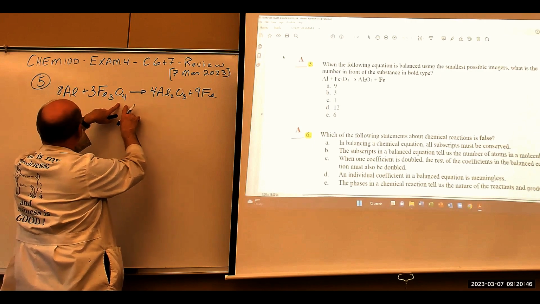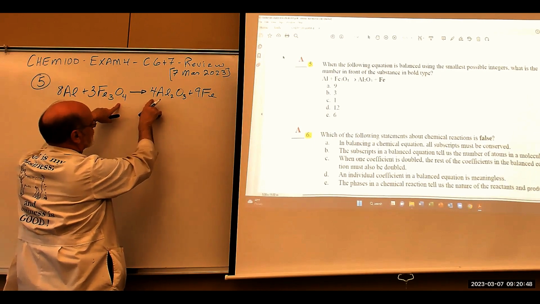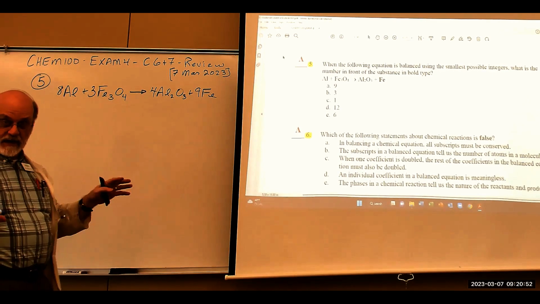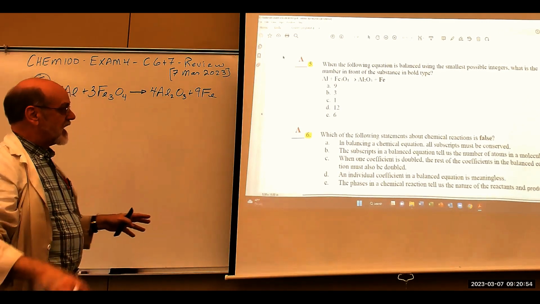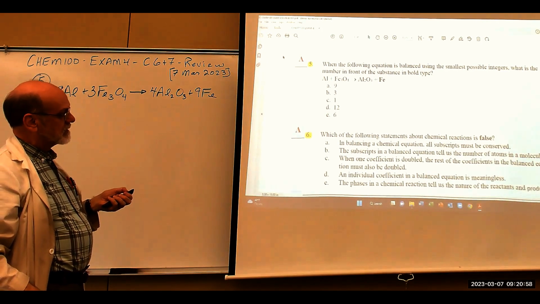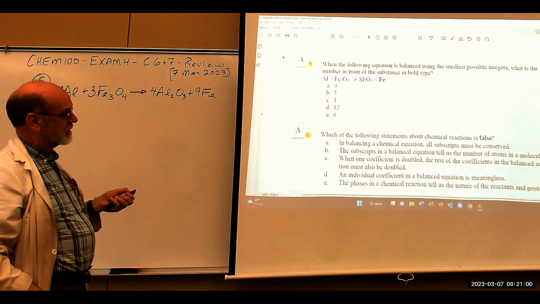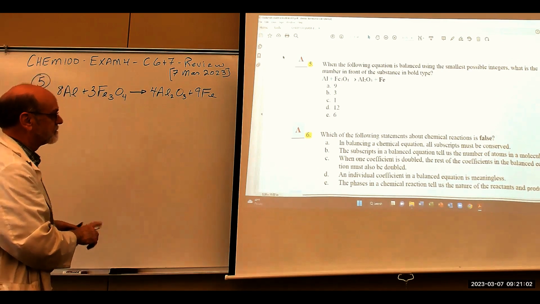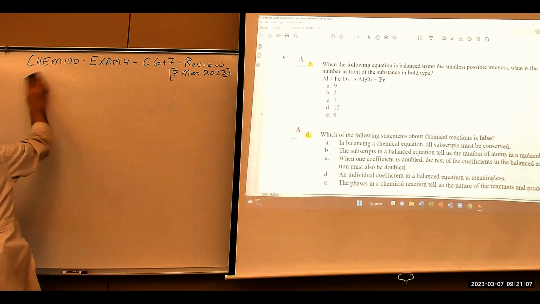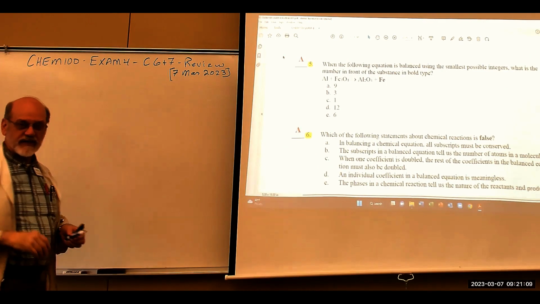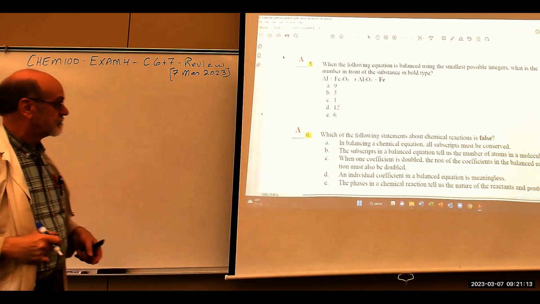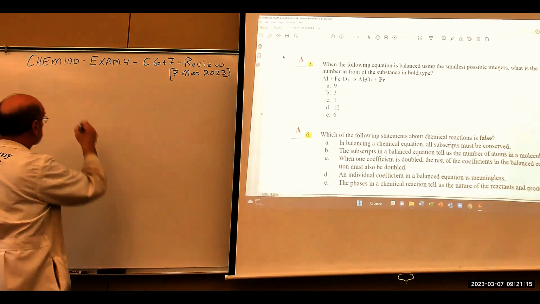Is that right? Yes, and 4 times 3 is 12 oxygens. So the equation is balanced, and the coefficient in front of the iron is A, 9. I picked that one out because of that cross multiplication trick to show you that it does work.